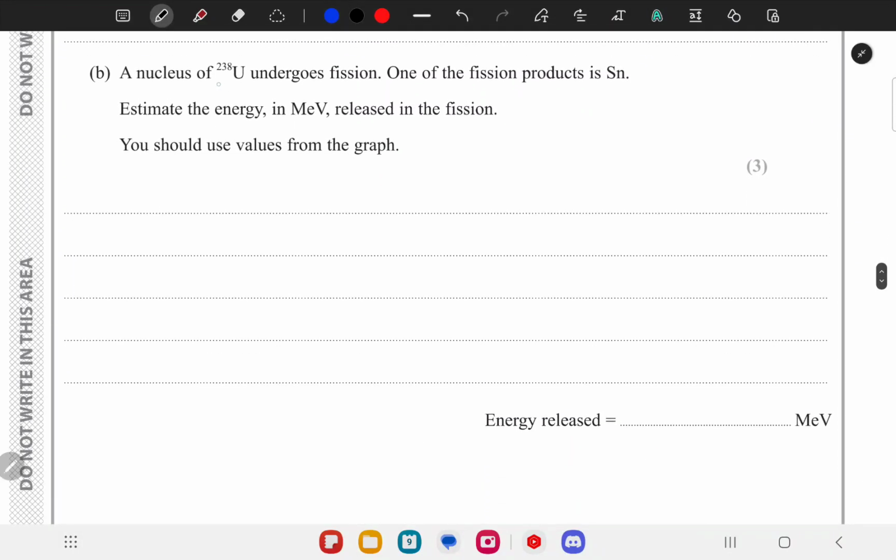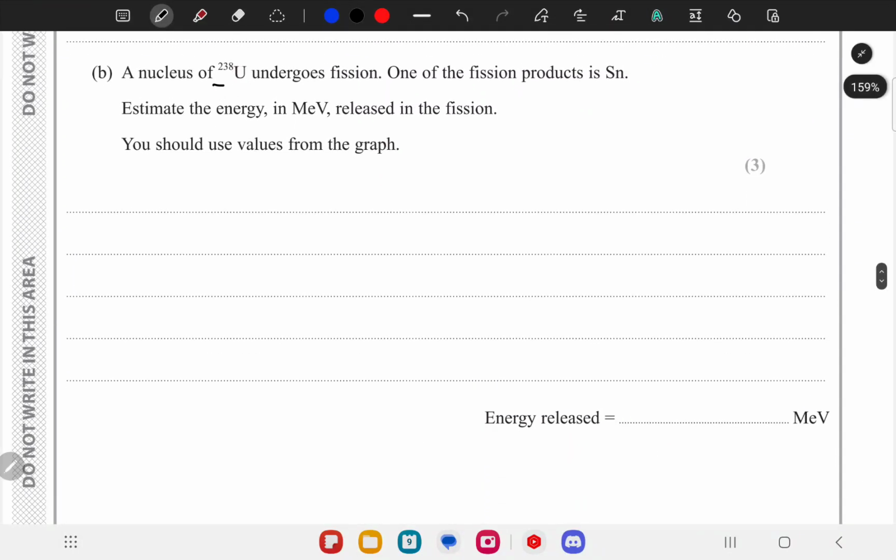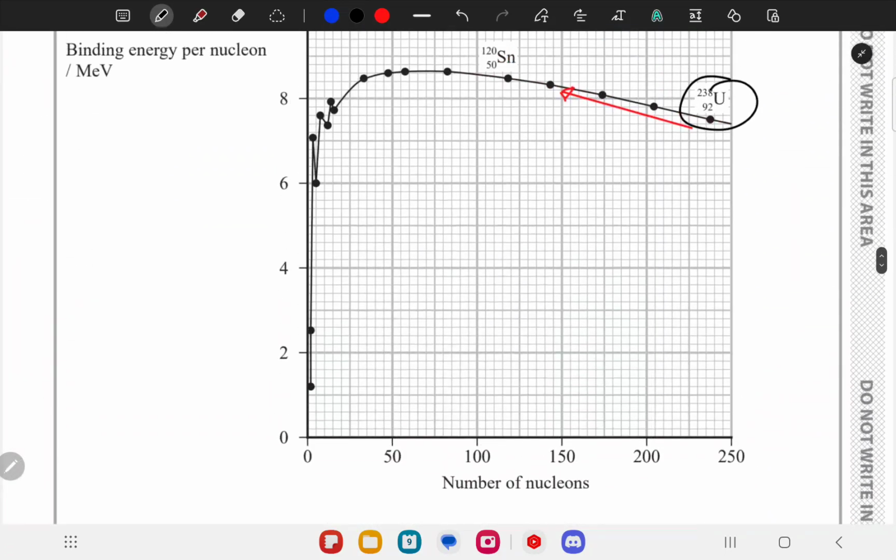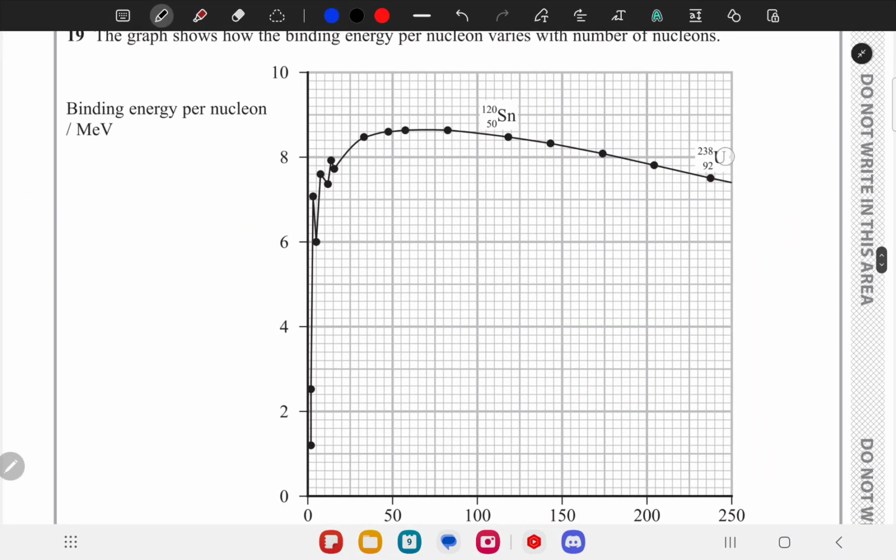Now in part B, we're told that a nucleus of uranium-238 undergoes fission, and one of the fission products is tin. We have to estimate the energy released from the fission. Now uranium is over here.